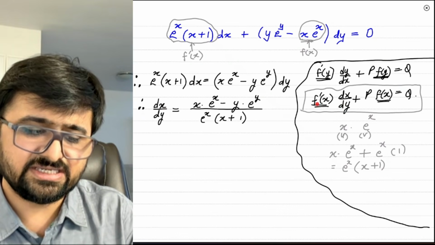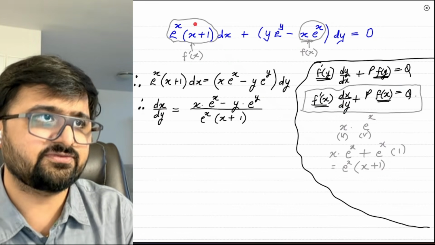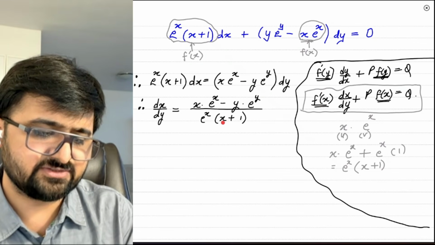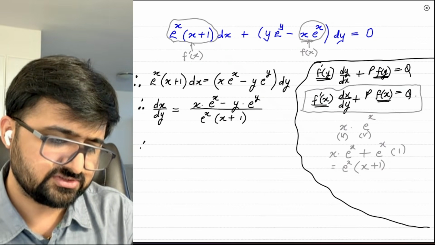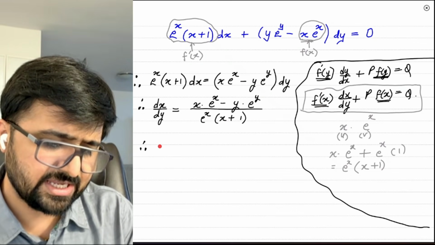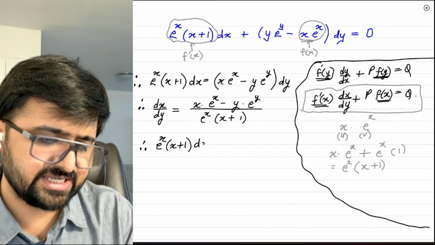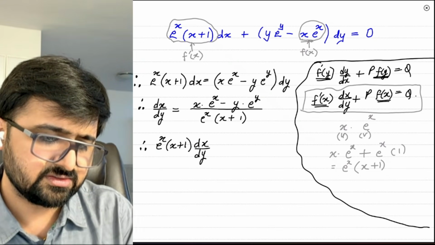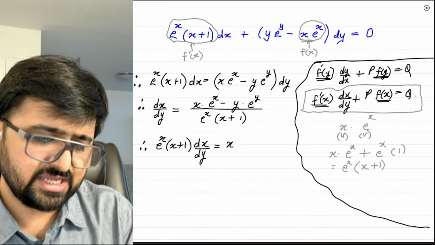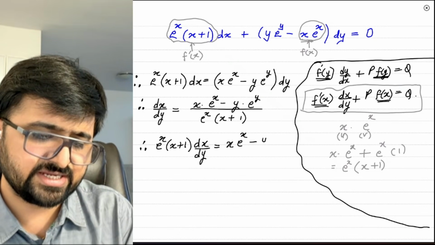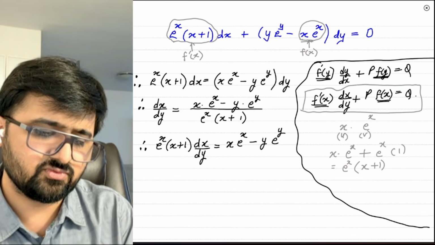Now, since we have dx by dy, we need f dash of x, which was this function here. So we have to multiply this function on this side now. Therefore, we have e raised to x into x plus 1 into dx by dy is equal to x into e raised to x minus y into e raised to y.